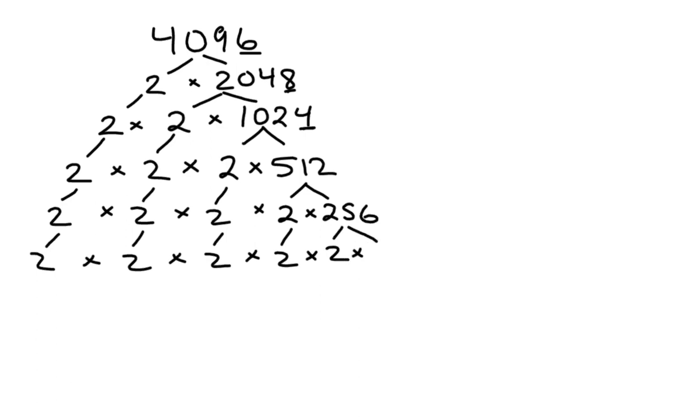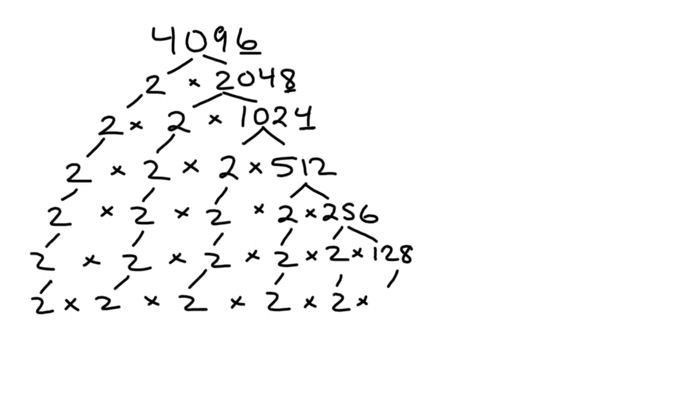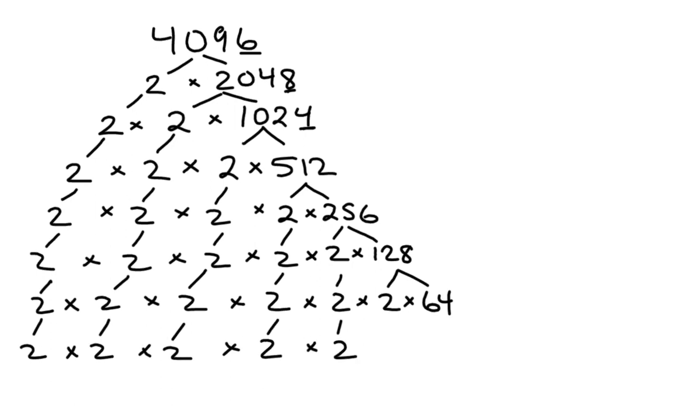Keep going. 256, 128. Keep going from there. Now we're getting to something a little smaller, getting close to the final value. Prime factorized form. This thing is huge.